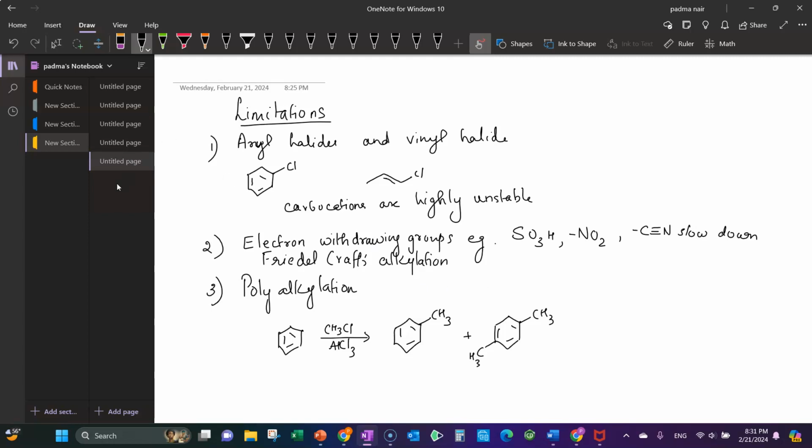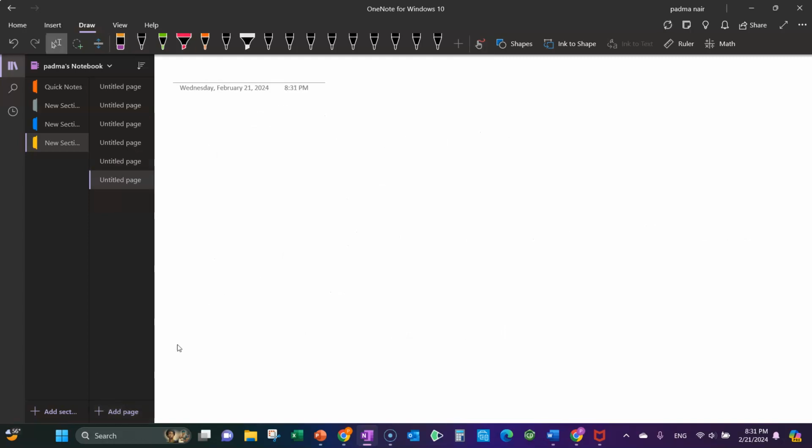So let's look at an example of that. The fourth limitation is rearrangement of carbocations.